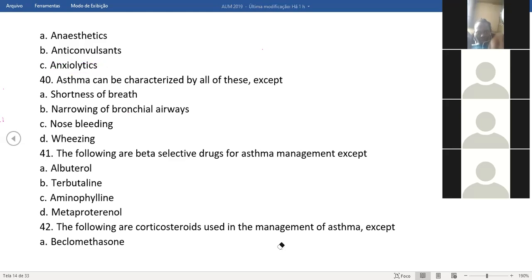Asthma can be characterized by all these except nose bleeding.